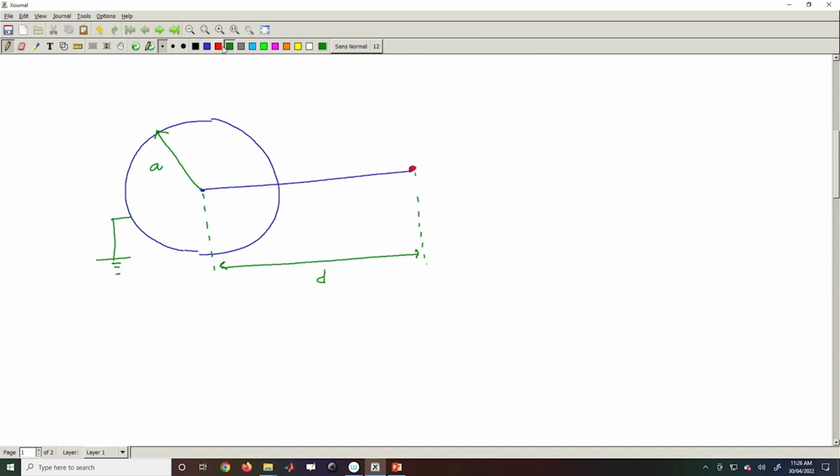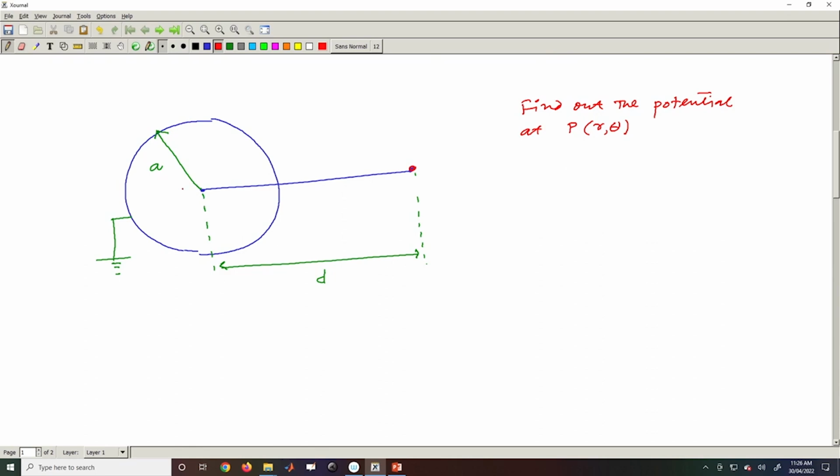The problem is to find the potential at some point P whose coordinates are r and theta, and r should be greater than a.